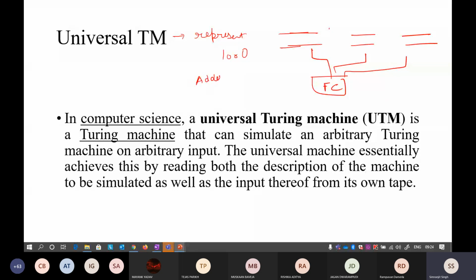Suppose there is an adder here. For this adder I can make a Turing machine. I encode this Turing machine in this tape by a stream of ones and zeros. I will tell you how; just see that it can happen.